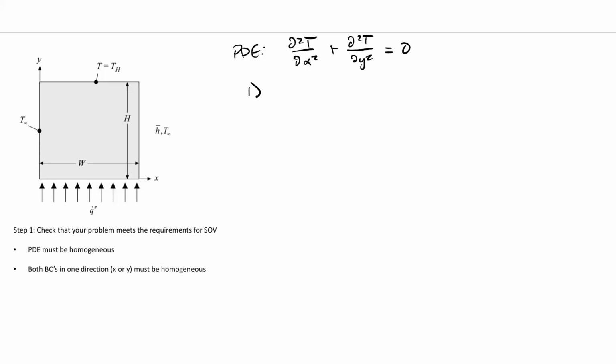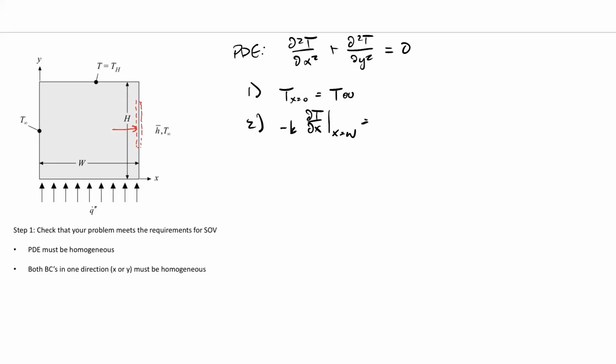Our first boundary condition, let's look at x equals 0. We have T is equal to T infinity. At x equals w, let's help ourselves a little. Let's draw a control surface here on the boundary. Right on the boundary at x equals w, what do we have going into this control surface? We have conduction: minus k, partial of T with respect to x, evaluated at x equals w, is equal to what?